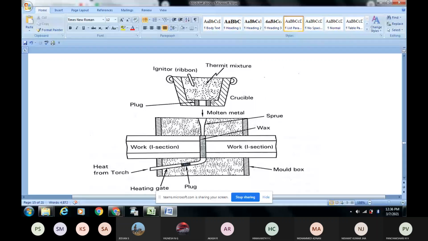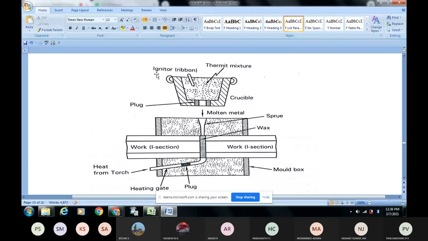This is the thermit mixture which is filled in the crucible. This thermit mixture is an exothermic compound. You all know what the meaning of exothermic compound is? During reaction, it releases energy. That is exothermic. Therefore, that thermit mixture is placed here in powder form.